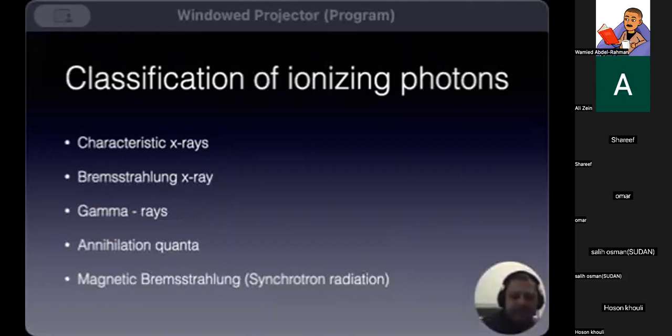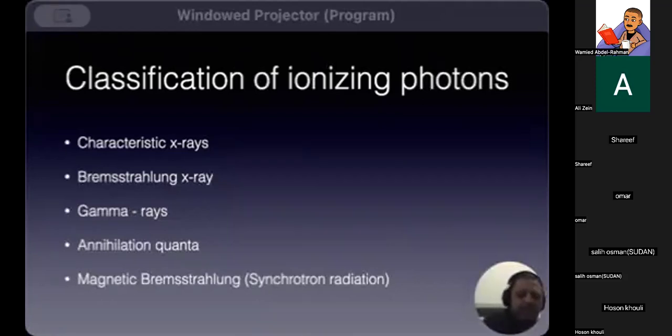Characteristic X-rays and Bremsstrahlung are produced by light charged particles or electrons. Gamma rays are photons emitted by the nucleus. Annihilation quanta are photons produced when a positron annihilates with an orbital electron.